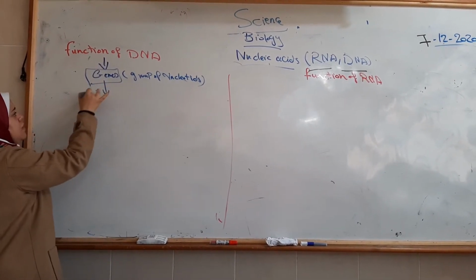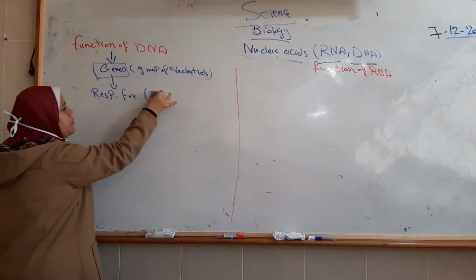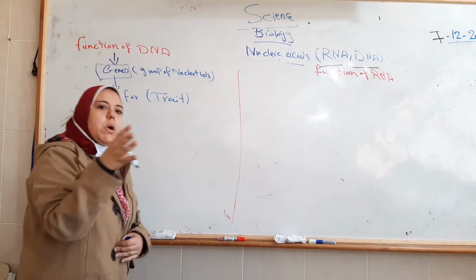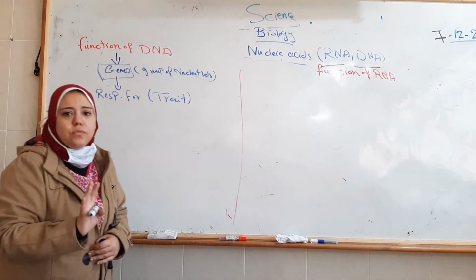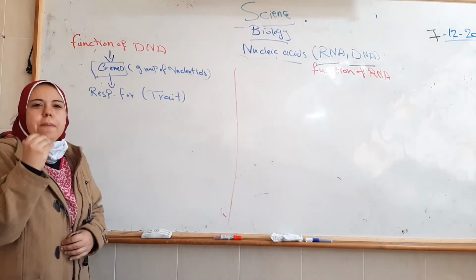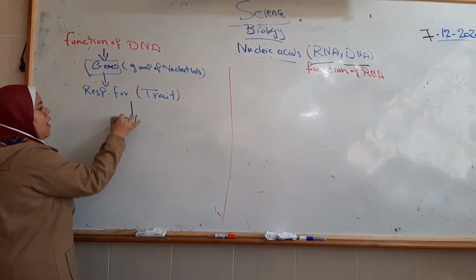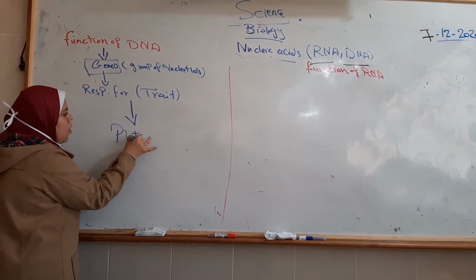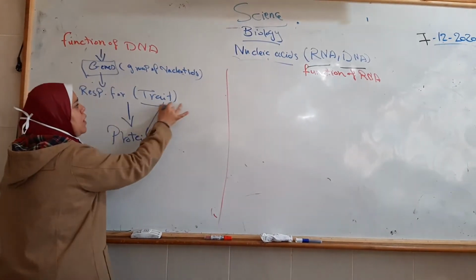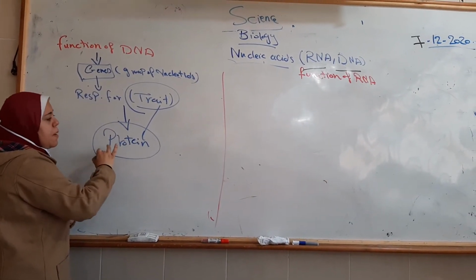Each gene is responsible for traits, meaning inherited traits that we get from our parents. For traits to appear in our features, they have to be represented by protein. So a trait is a protein. To make the trait appear, you have to make protein.